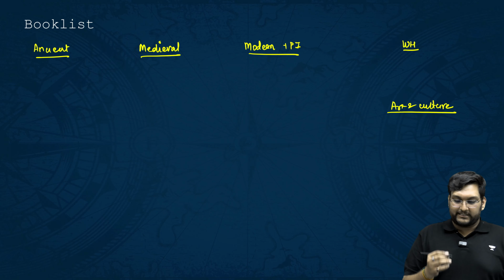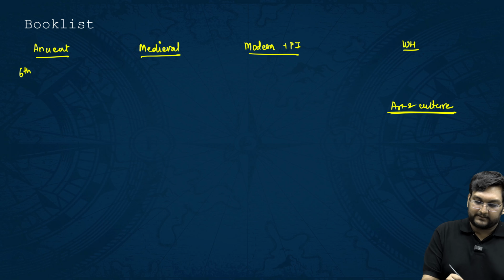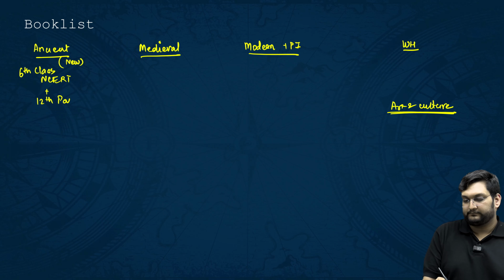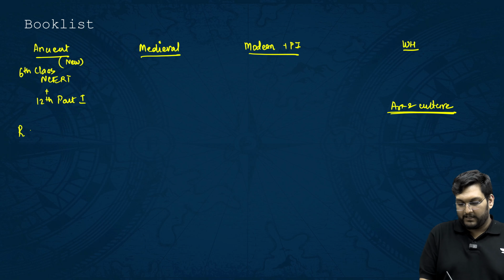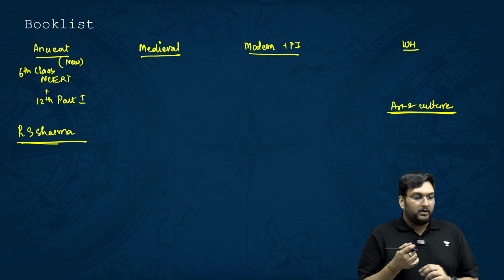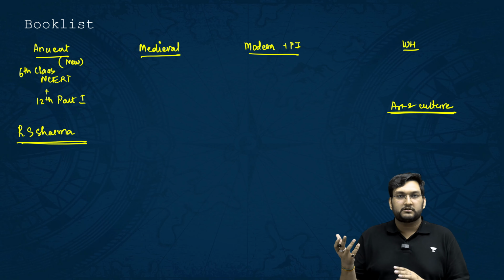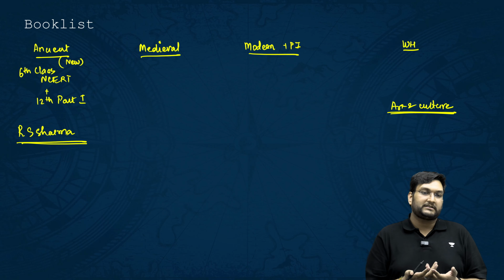Now, ancient: you need 6th class NCERT, new, plus 12th class part 1. This is staple with R.S. Sharma, India's Ancient Past. Now, a lot of people use other books also, but the level of detail is too much.